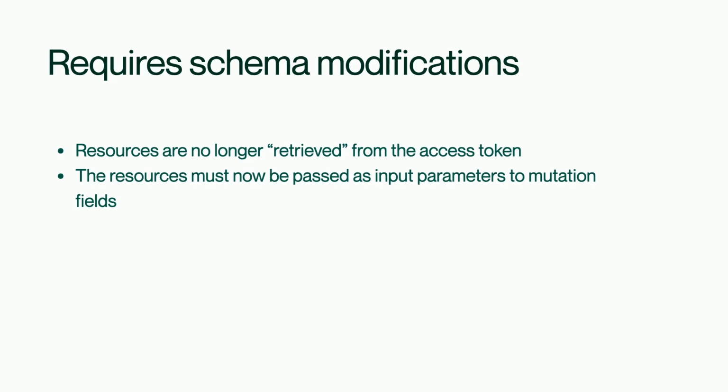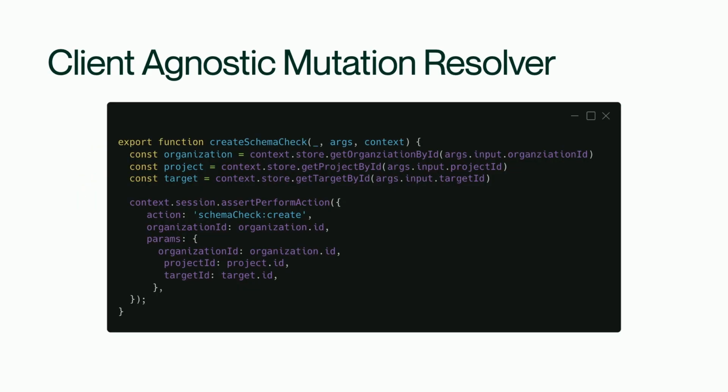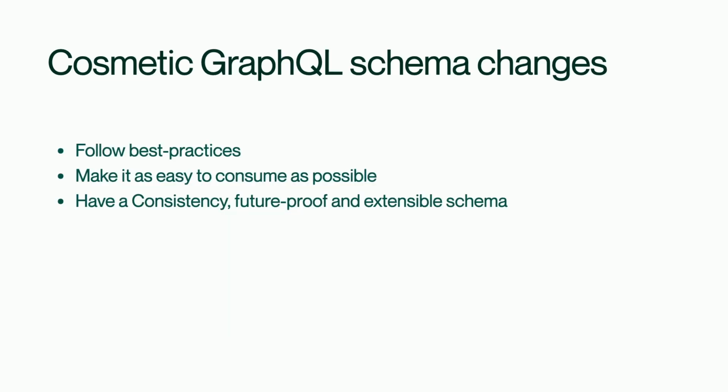And that required schema modifications because we could no longer retrieve the resources we want to access in a mutation from the access tokens, but instead they need to be provided as input parameters. So it required a lot of adjustments in how we use our schema, and then as we reworked the permission layer, we had a generic abstraction for verifying session access within our business logic that we call in our GraphQL mutation resolvers.